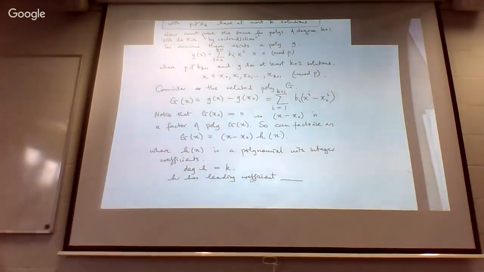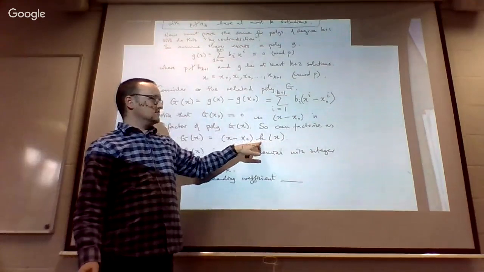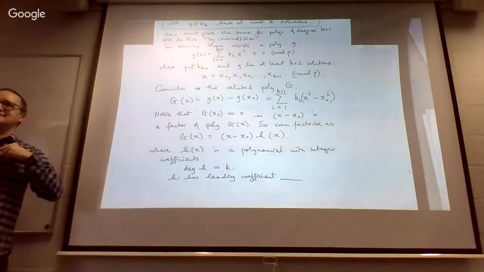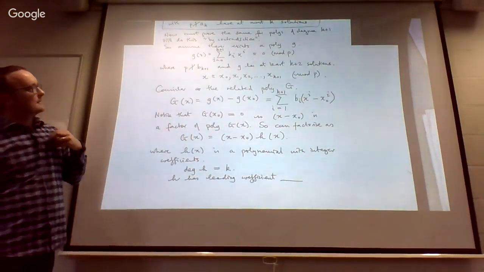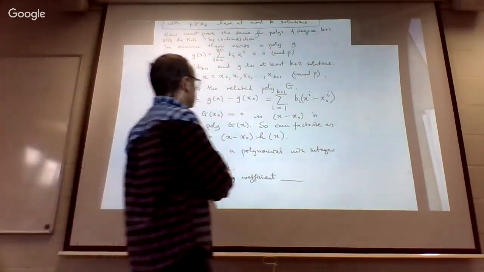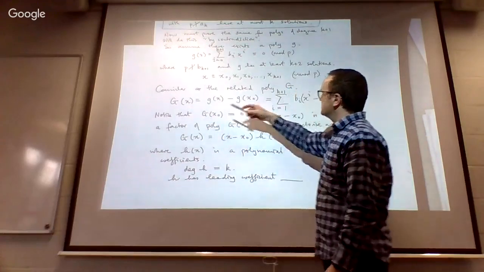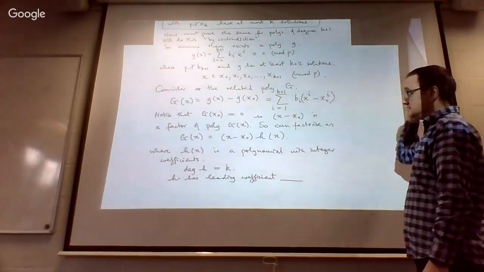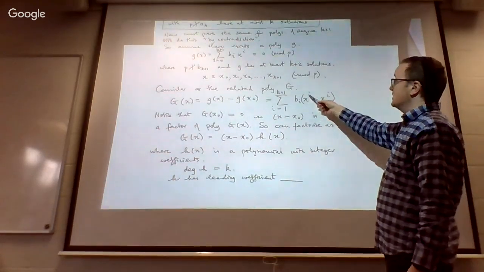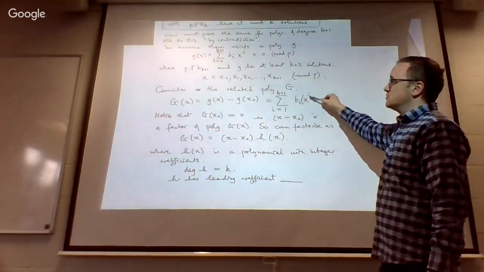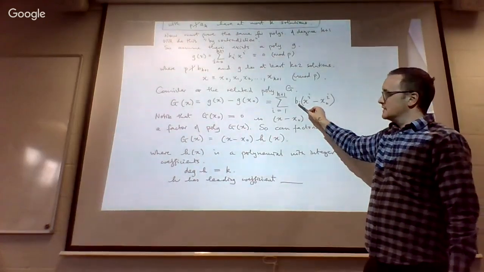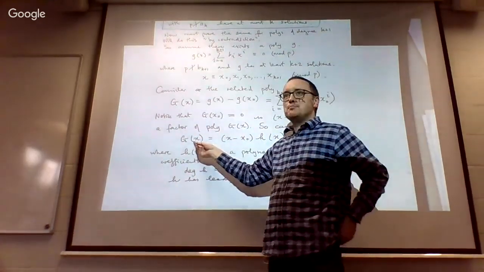But what's the coefficient of x to the power k within h? Well, the leading coefficient of capital G is the coefficient of x to the power k plus 1, and that is b_{k+1}.